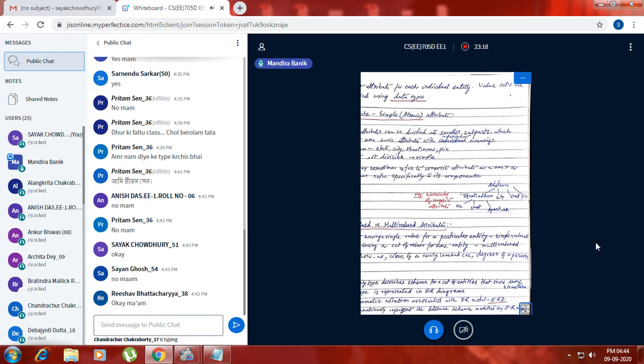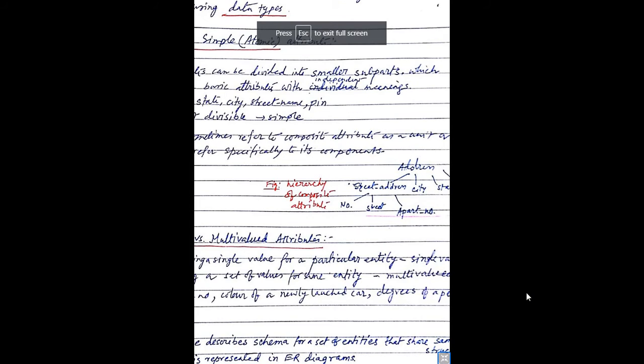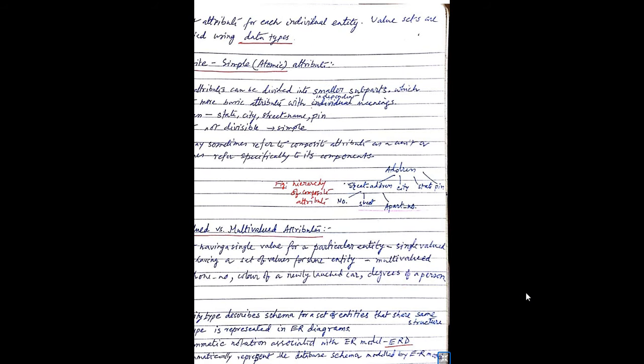Address can be broken into parts, that is street address, city, state, and pin.